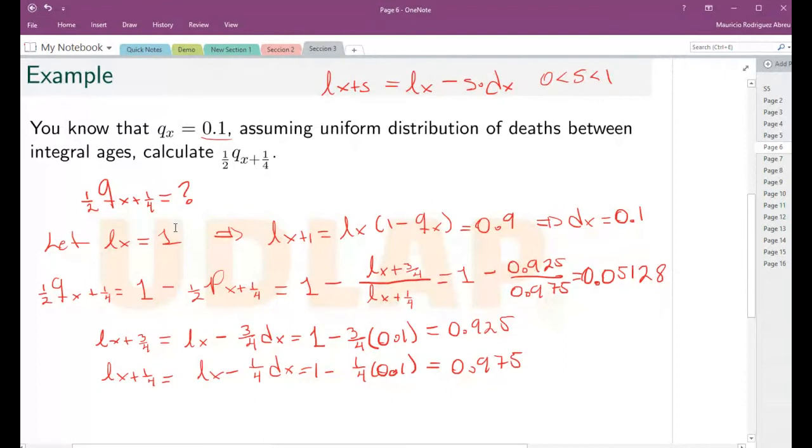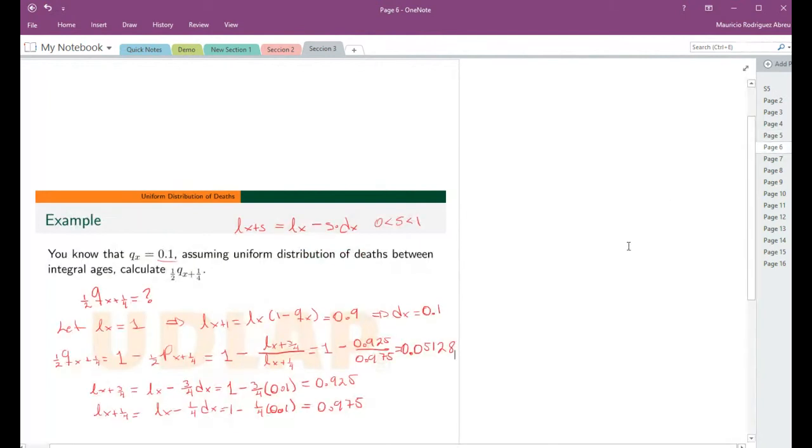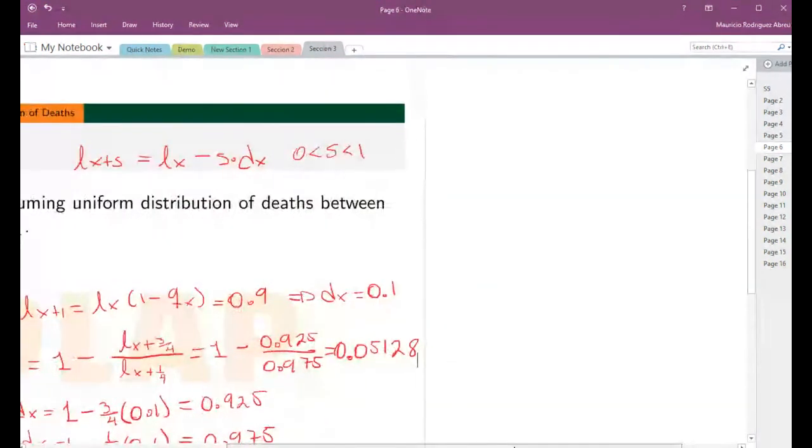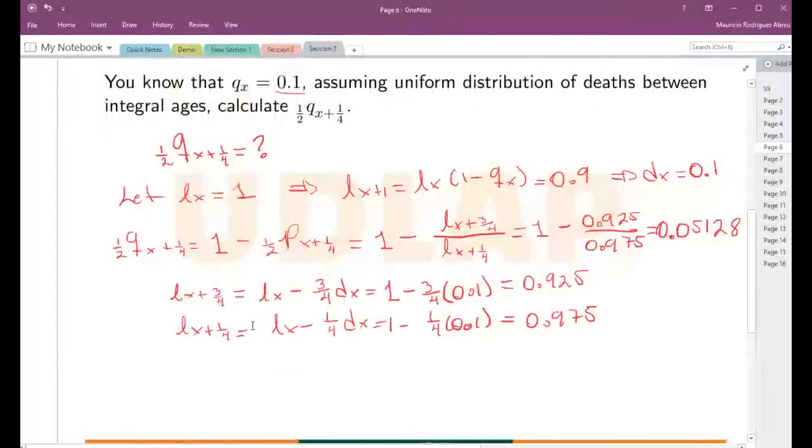Now let's use the short version of this expression, the one that we have right here. So this is the long.